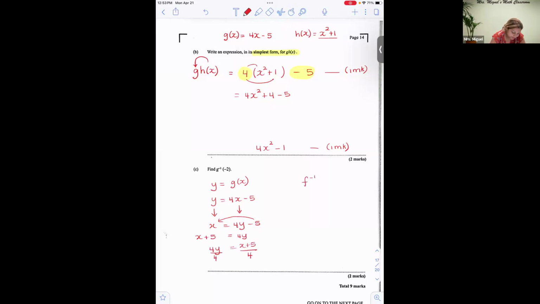So g inverse of x is x plus 5 over 4. G inverse of -2, -2 plus 5 divided by 4. The answer is 3/4. So you get 1 mark for this, and you'll get 1 mark for the answer.